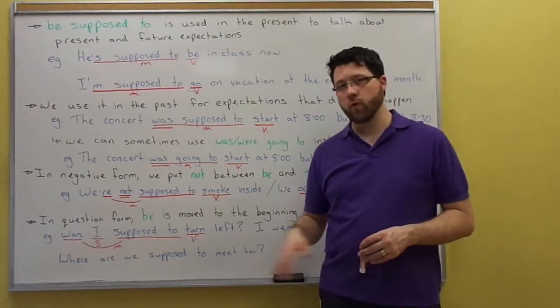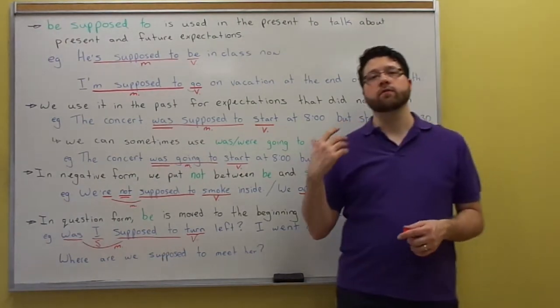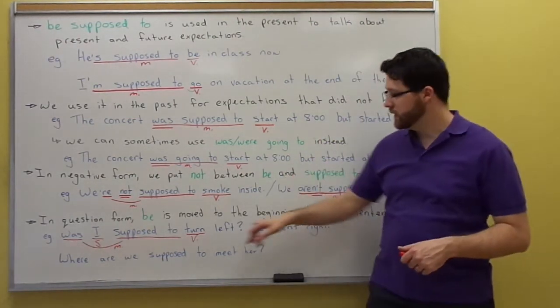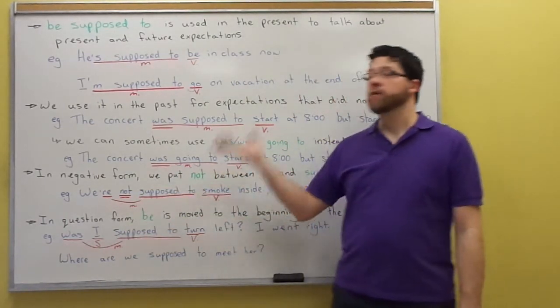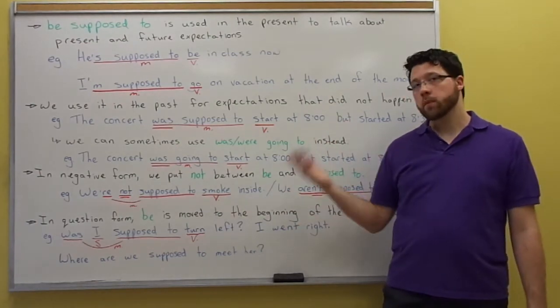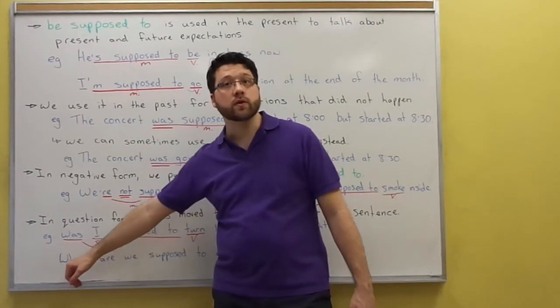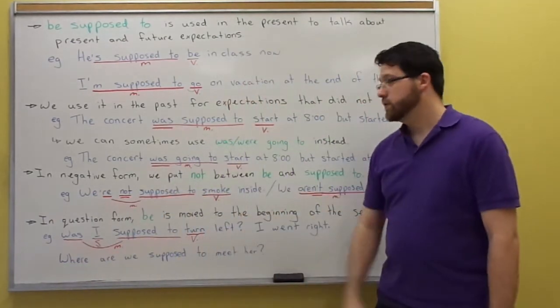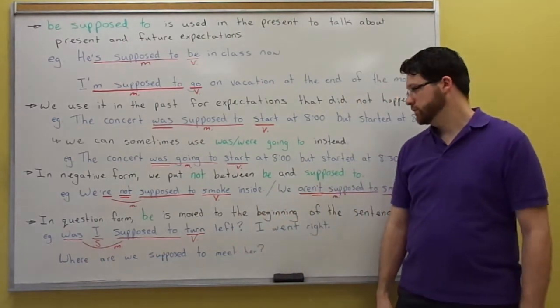I went right. Okay. When we have WH questions, because this is only a yes or no question, for WH questions, the form is the same, except we put the WH question first. So another example, where are we supposed to meet her?